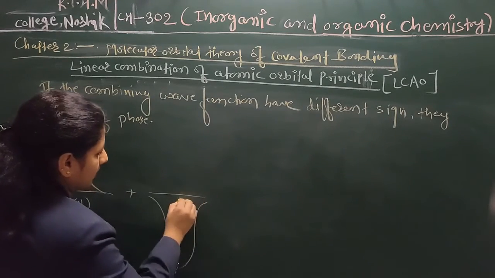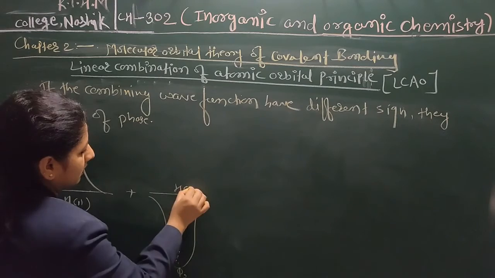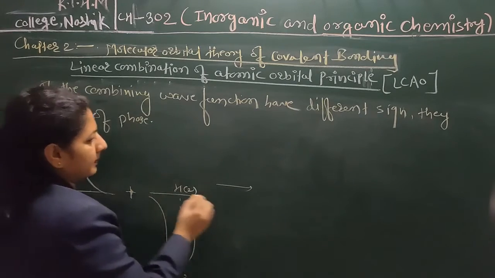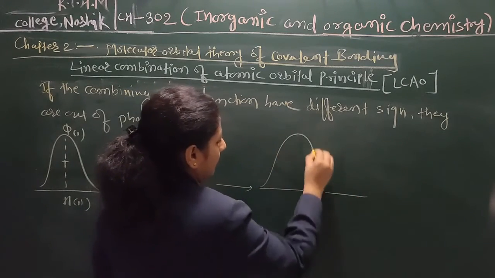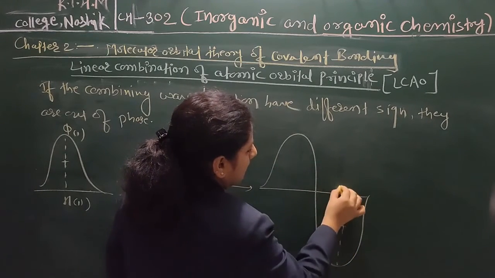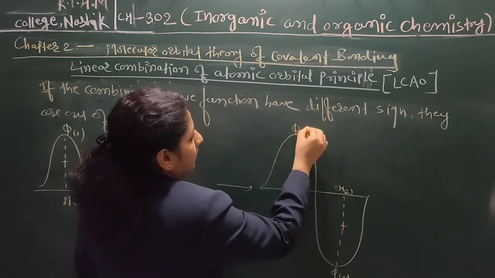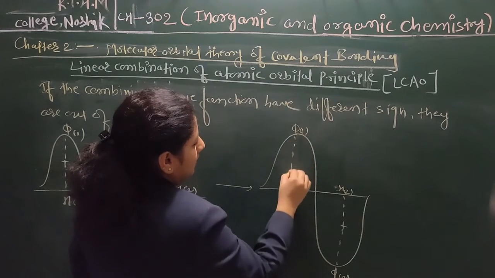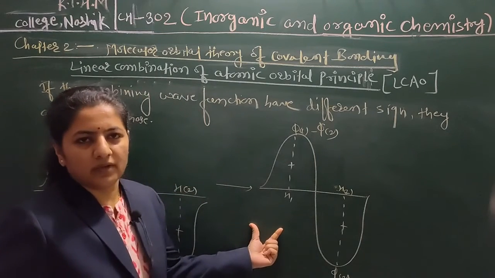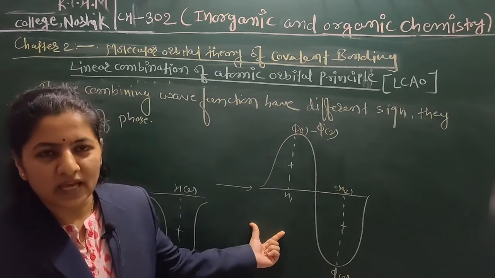So now the result is phi 1 minus phi 2. So this is a destructive interference, in that the atomic orbitals have different signs, which means that they are out of phase, they are not in the same phase.